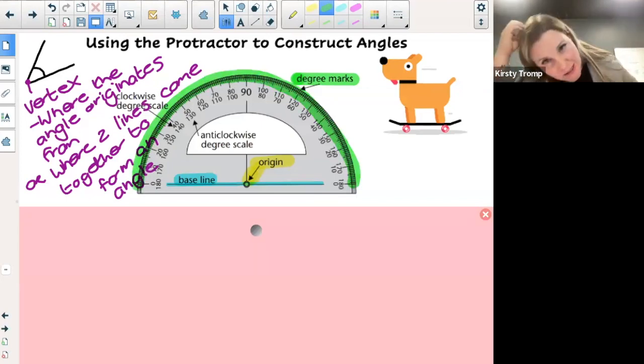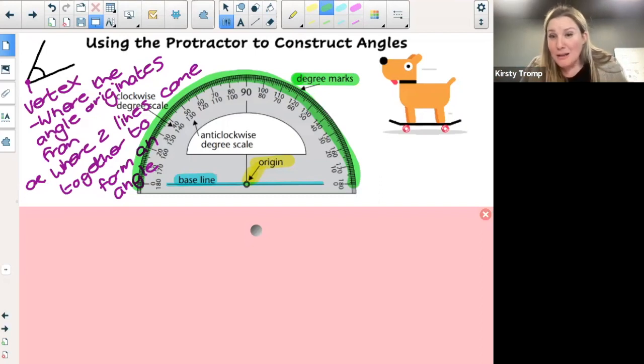I always get so anxious when I see students sitting with a pair of scissors and their protractor. I don't know if you've seen some of your classmates do that, busy taking off all the markings on their protractor. I've seen students doing that before, and I just want to cringe, because they're taking away all the markings that they're going to use to measure their angles.